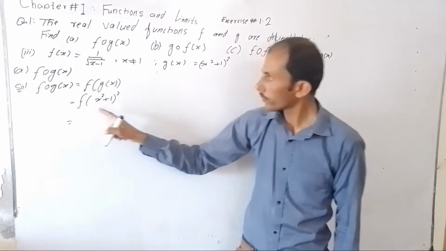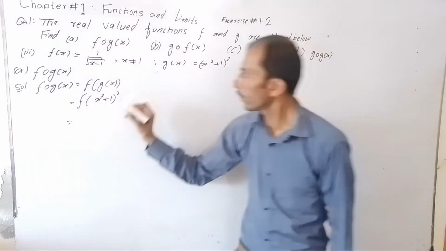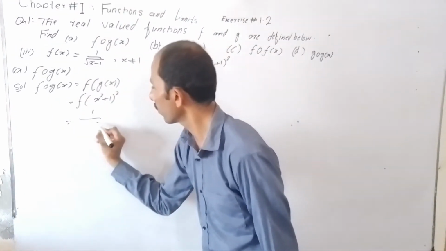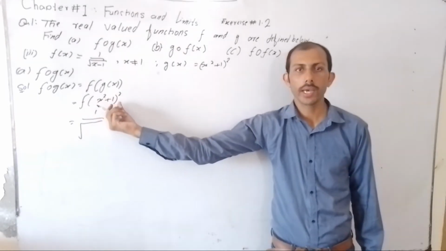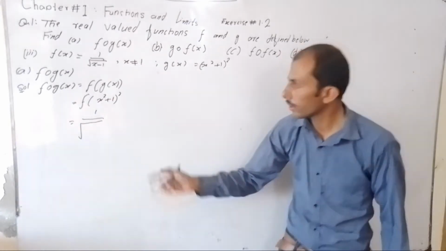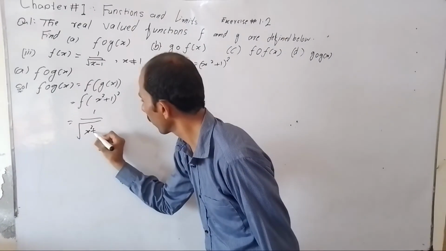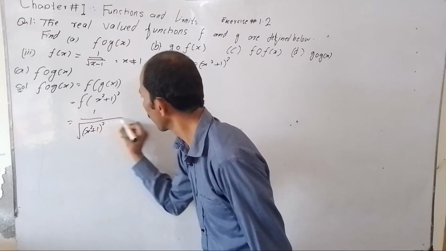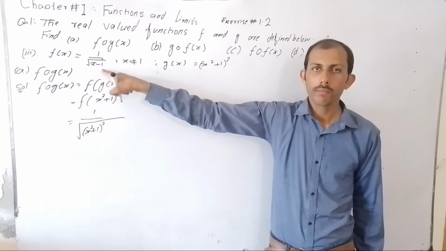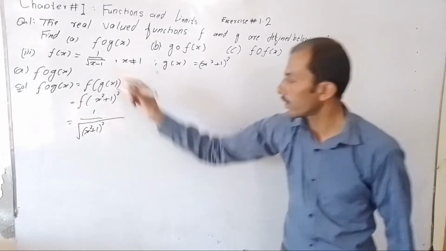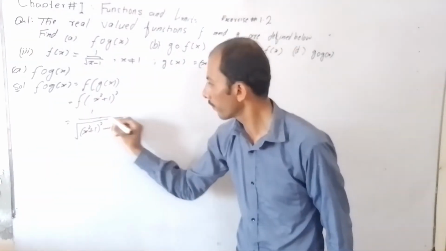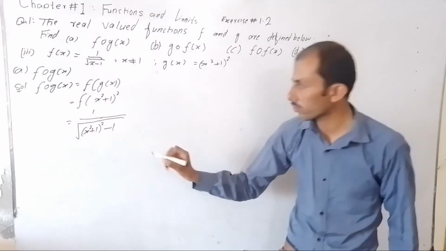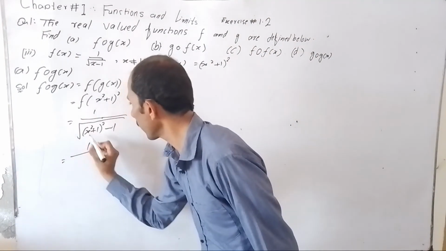That is equal to 1 divided by under root of x replaced by (x square plus 1) whole square minus 1, which is 1 divided by under root of (x square plus 1) whole square minus 1.